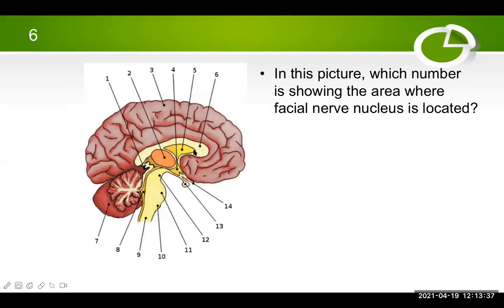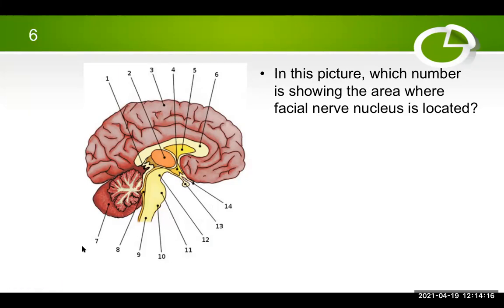Now let's move on. In this picture, which number is showing the area where the facial nerve nucleus is located? You need to see where exactly the facial nerve nucleus is located and which number is showing that area. 11.